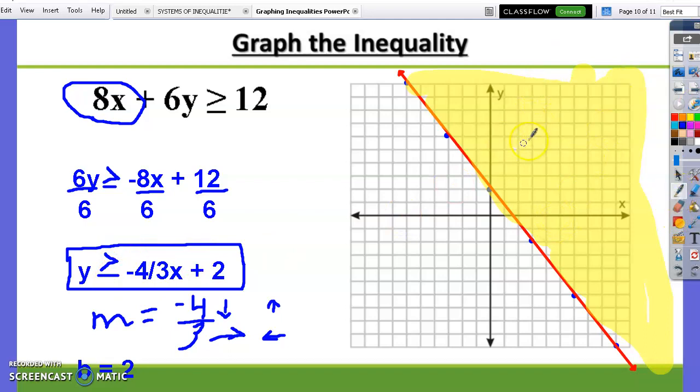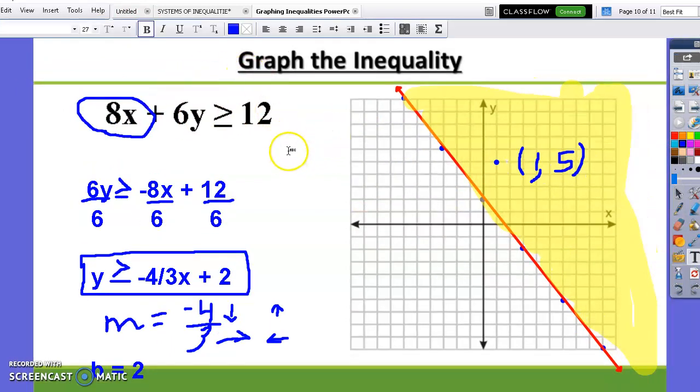For example, I pick this point right here. This point is 1, comma, 1, 2, 3, 4, 5. And if I were to substitute these values in for x and y, I'm going to get a true statement.